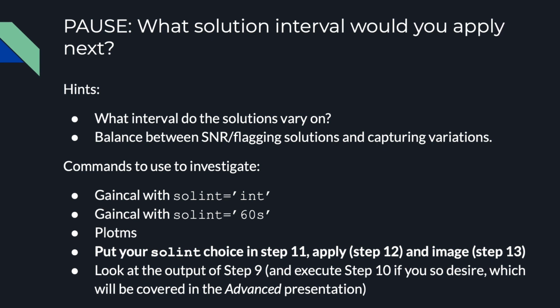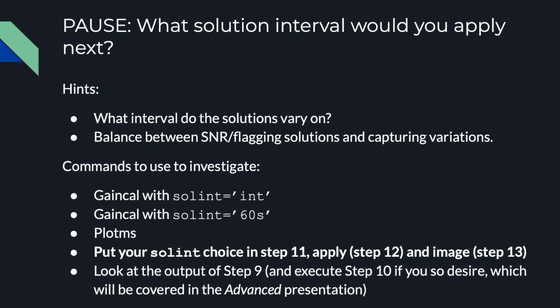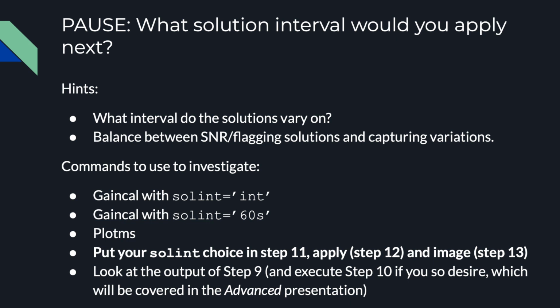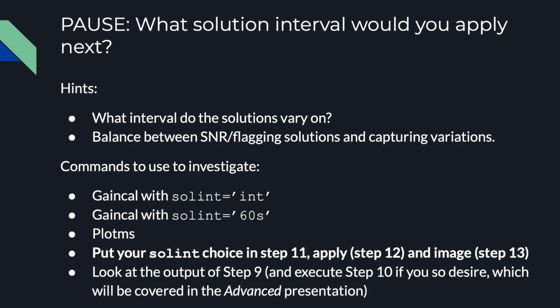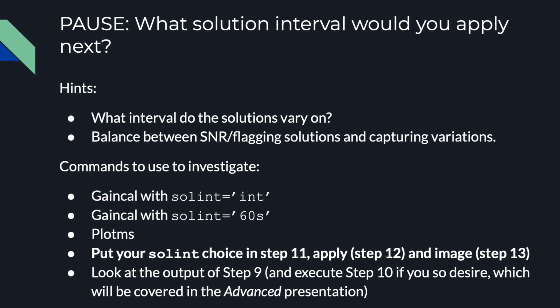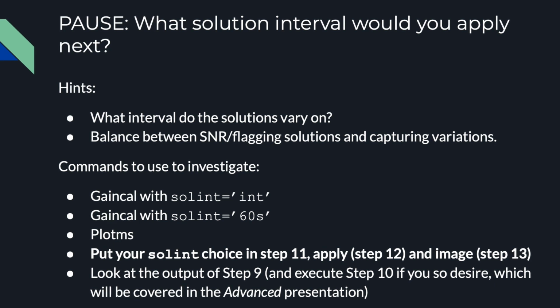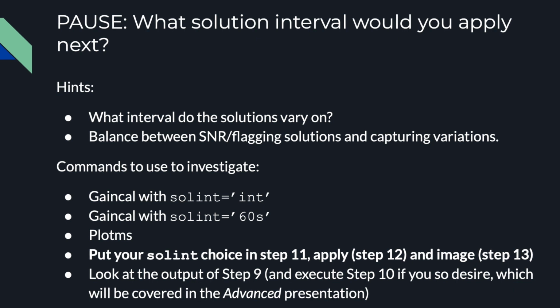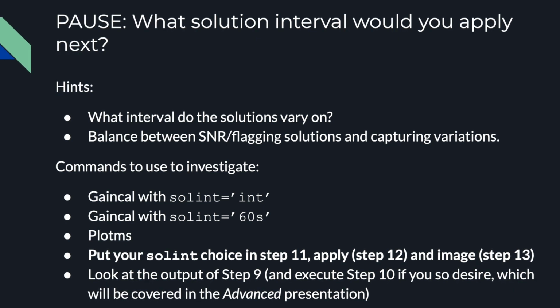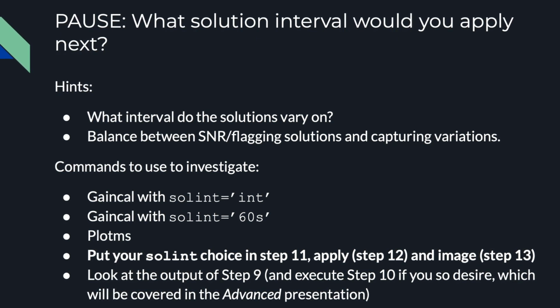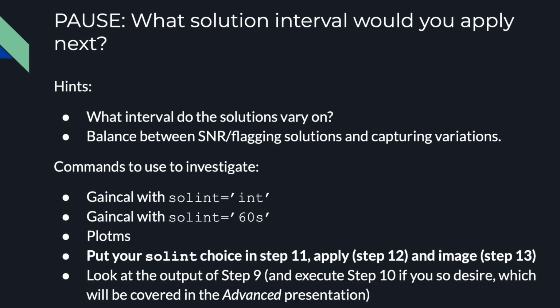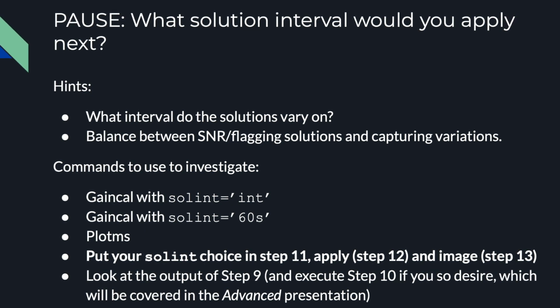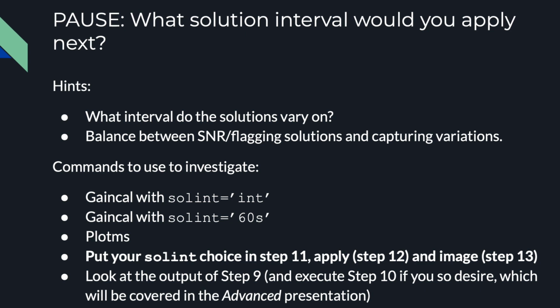You can modify step 11 in the script and run it with the solution interval of your choice, then run step 12 to apply it and make an image with step 13. But you can also feel free to run step 9, which is going to create that loop of plots for all the different solution intervals, the same as Emily did for the first loop cycle.